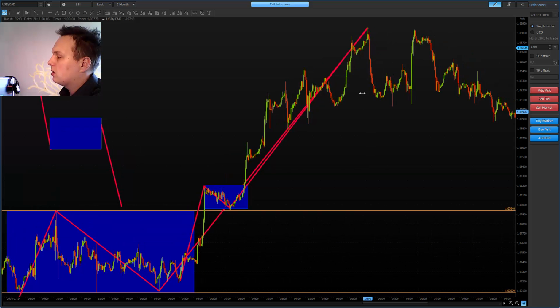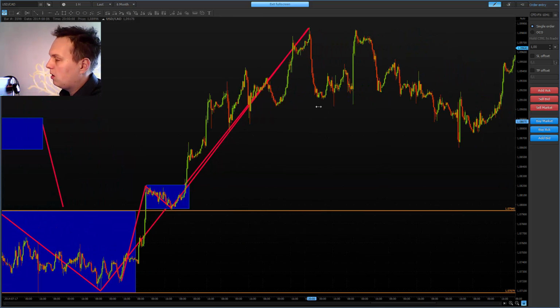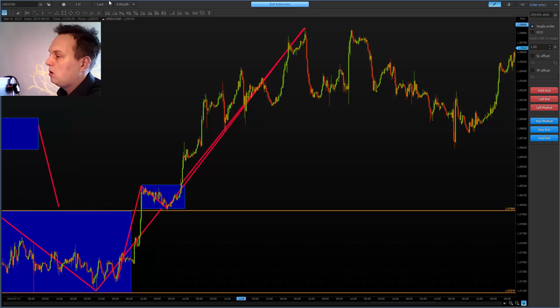And the other kind of zones are supply zones. We have them here on the top of our price rally. It rallied, then price met supply, some offers. These offers were strong enough to push price back down. So we rallied into it.